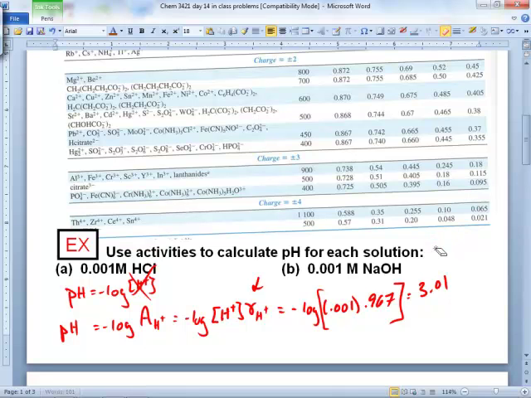How about for 0.001 molar NaOH? You could use pOH, but we have to use activities. So using pOH and then subtracting from 14 to get pH isn't using activities.